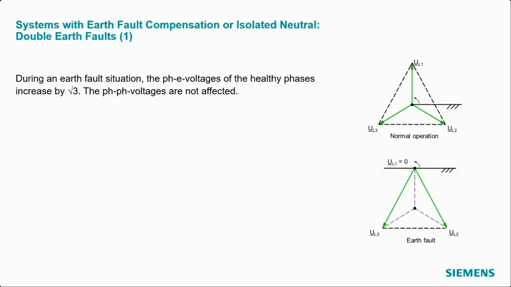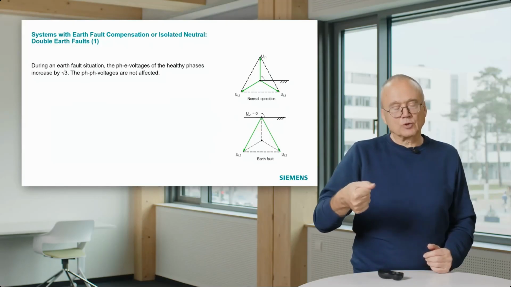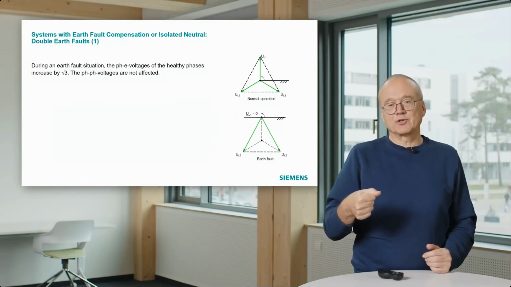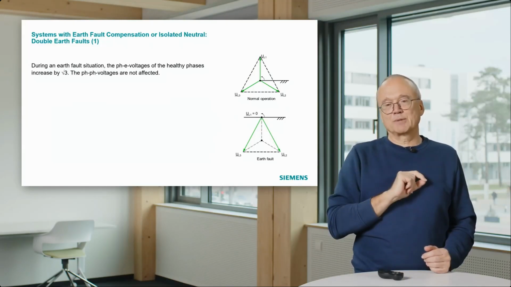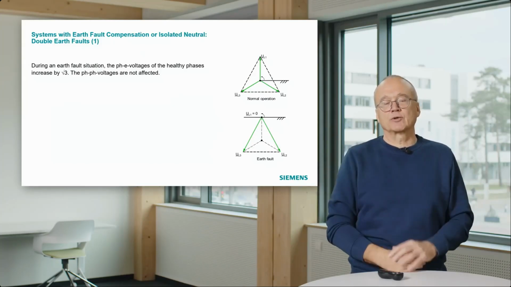Before, the center of the triangle was the earthing point, and now one corner, that's the corner of the affected phase, is connected to Earth. And that means the two other phase to ground voltages increase. The phase to ground voltage of the affected phase is 0. That's why we don't see it in this picture. And the two other phase to ground voltages increase by square root of 3.